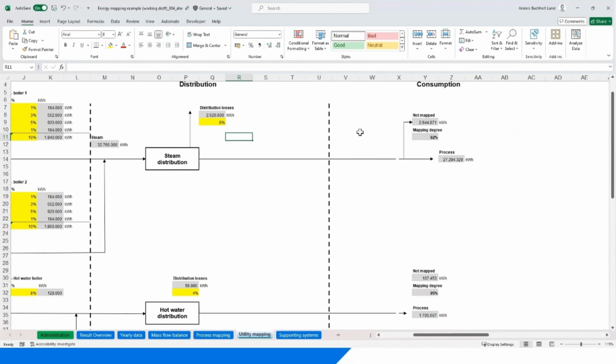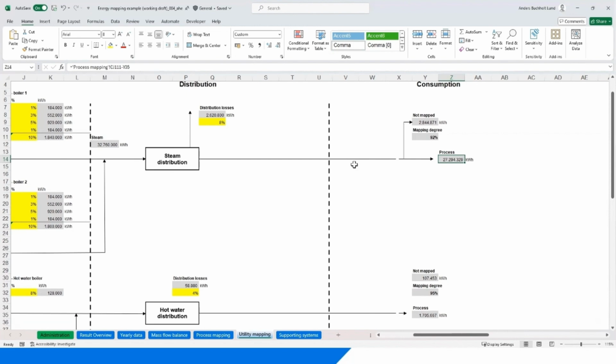So this figure saying here 27 million, that's a figure from the process mapping. So that's the sum of all our calculated consumption related to the specific processes.